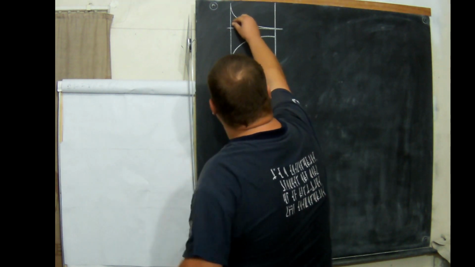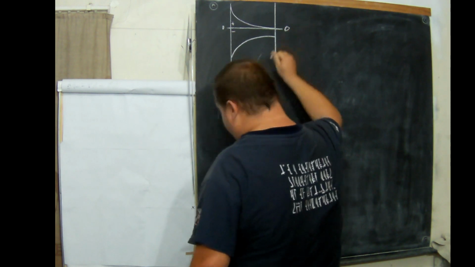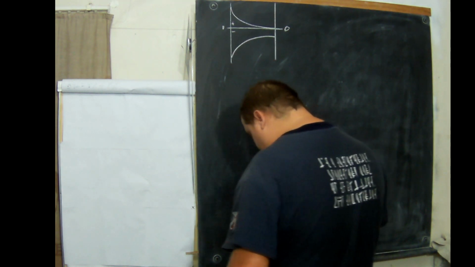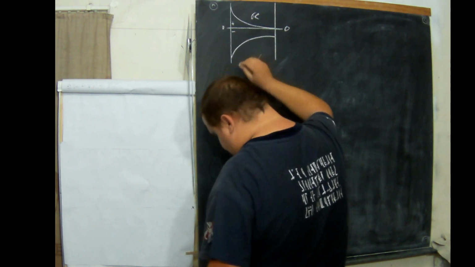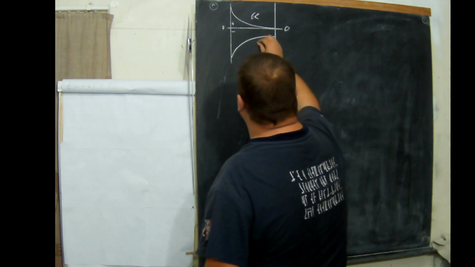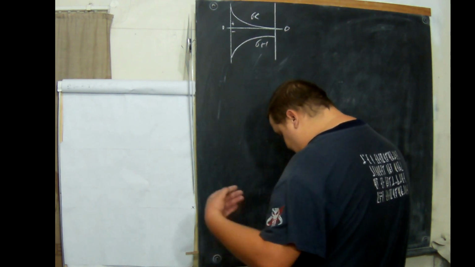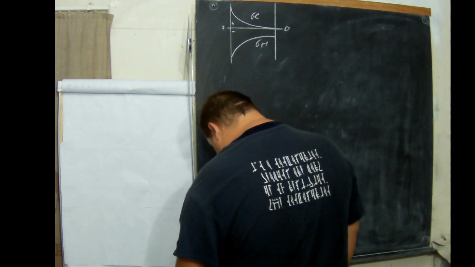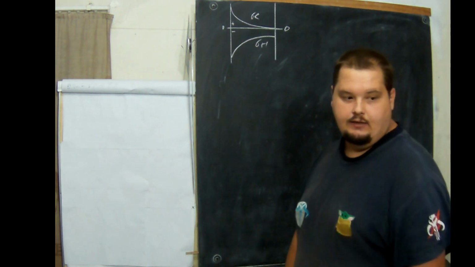Now this is positive and that's negative, 0 and 0. We don't know what our radial stress is, but we do know what our hoop stress is. Our maximum hoop stress is the tensile stress. So hoop stress is tensile.